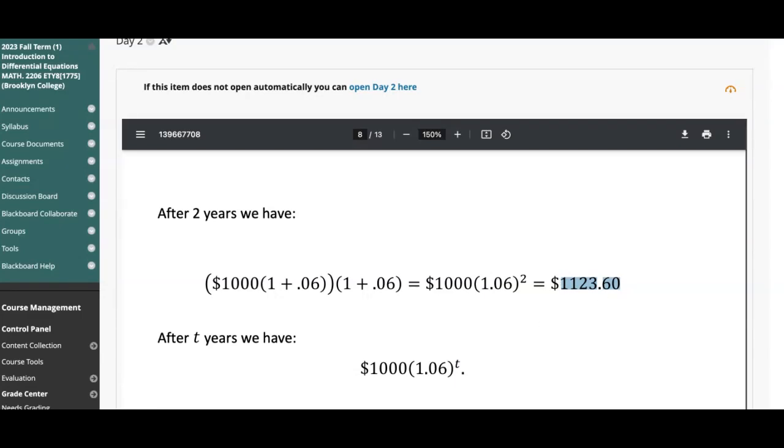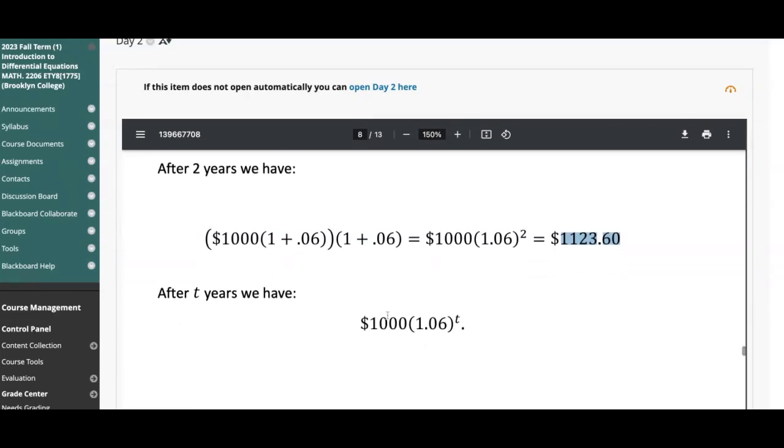Compound means the interest becomes your principal for the following year, so it keeps going. After t years, we have the initial value multiplied by 1.06 raised to the t.